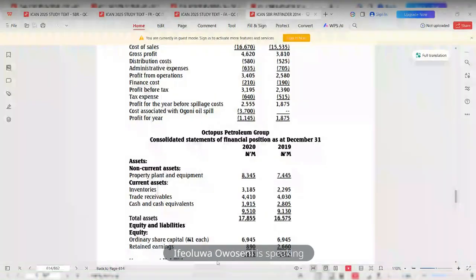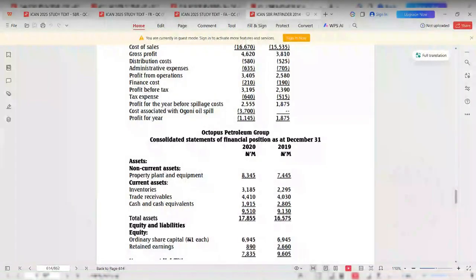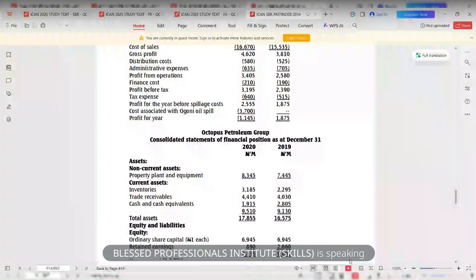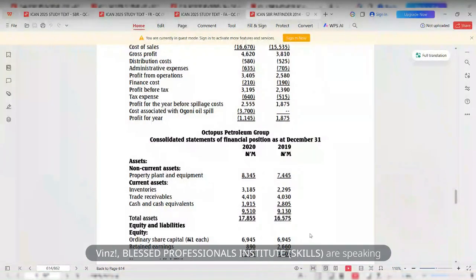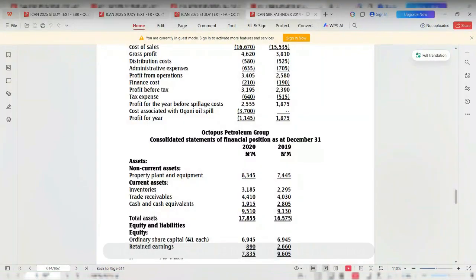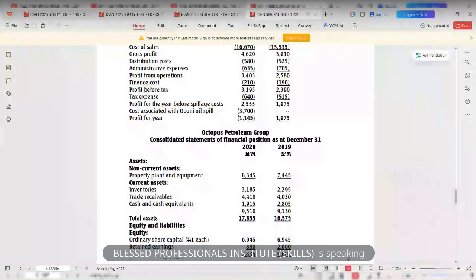For 2020, 32.6%. Okay. For 2019, 19.5. That's good. Don't worry, we didn't do rubbish. All right. So calculate for gross profit.